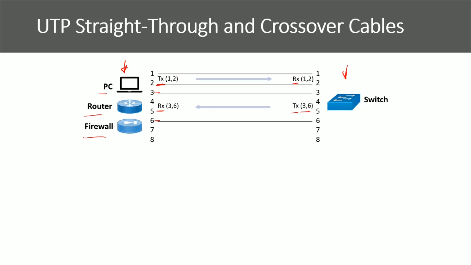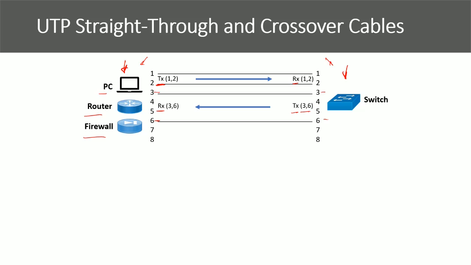In this case, devices can send over this pair from this side to the other side, and when switches want to send data to the PC, router or firewall, they send data over pins 3 and 6.